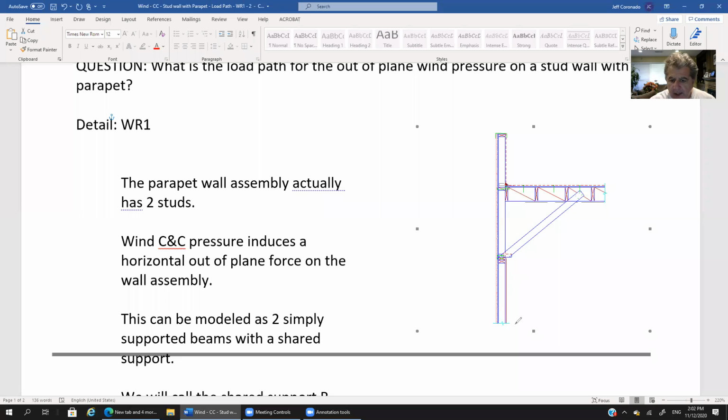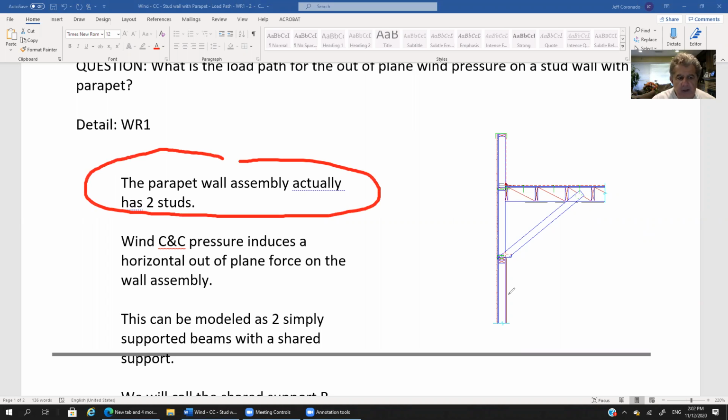So we've got a parapet wall assembly which has two studs. So it's a two-stud assembly. And sure enough, here's one stud, and I'll show it with this red line segment. I'll use yellow to denote the floor, and obviously not quite to scale.